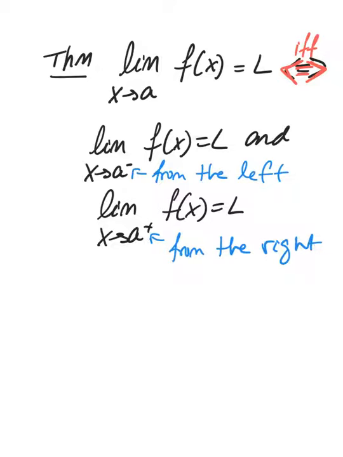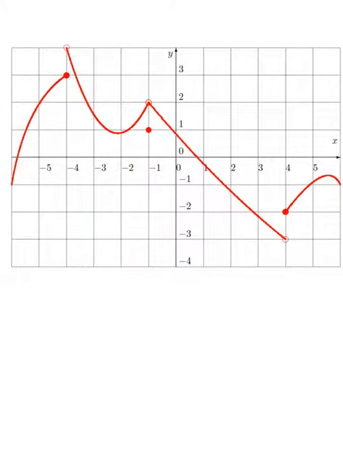Best way to do this is an example. So you guys should hopefully have that worksheet in front of you of this graph. And we're going to do a couple examples of it, just to kind of get you guys to understand what this is talking about. Got it? So let's say I'm asking for the limit as x approaches negative 4 from the left of this graph.